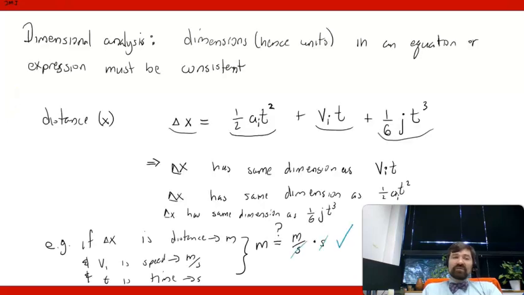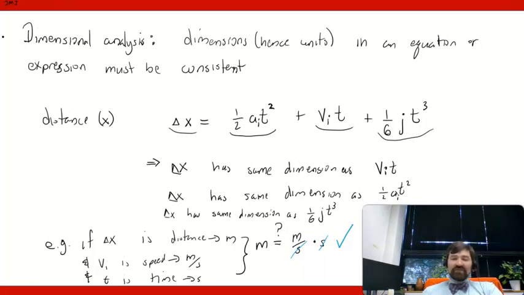So there are some tips, tricks, and things to know about and understand with dimensional analysis. The first one, of course, is the idea that any quantity within your equation or expression has to be dimensionally consistent with the other quantities.